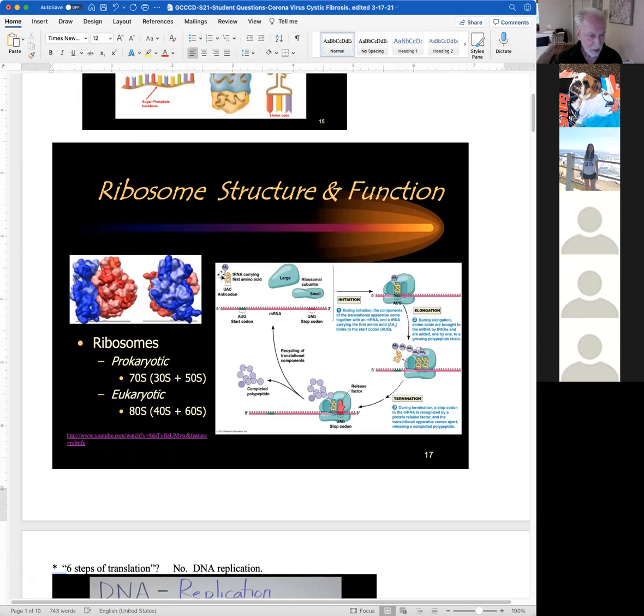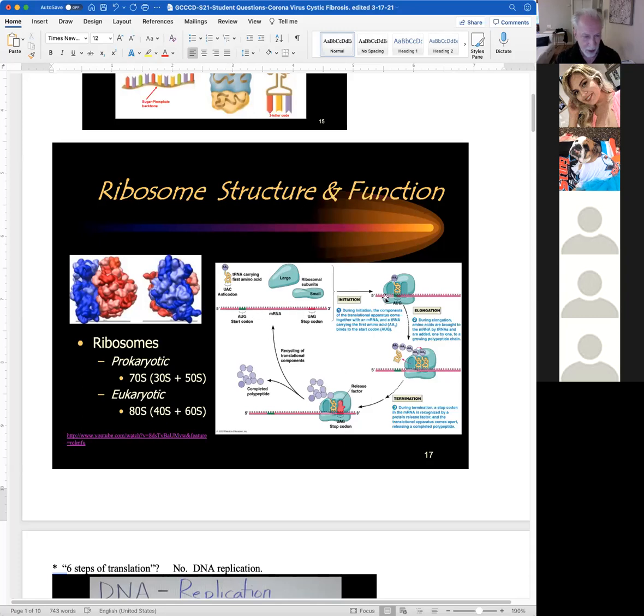You have the transfer RNA with a specific amino acid attached. You have the large and small subunits of ribosomal RNA, and you have the messenger RNA, which specifies the sequence of a particular protein.